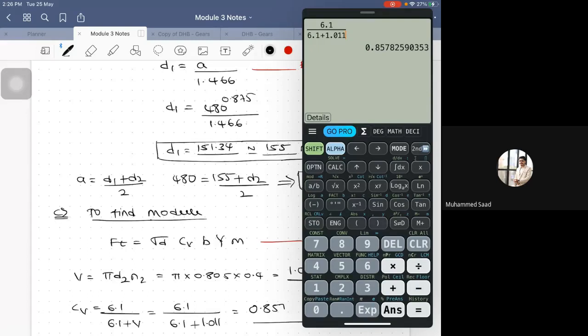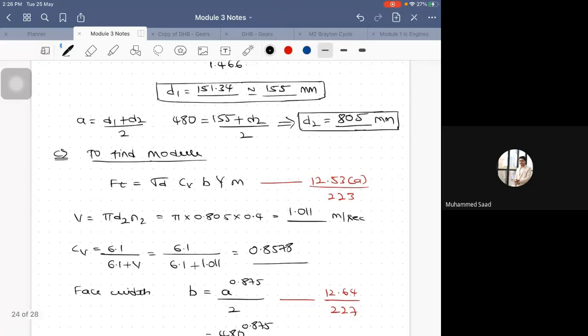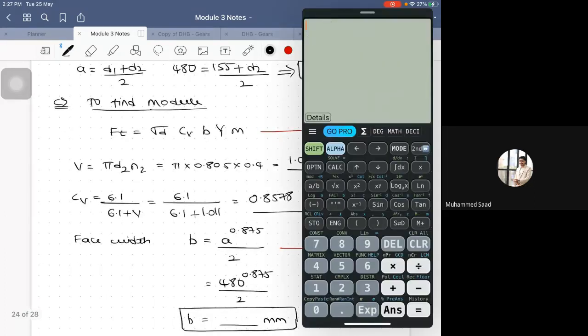Okay, 0.8578. Once the CV value is obtained, go for the face width calculation using equation number 12.64. There you have to substitute the value of center distance to the power of 0.875 divided by 2. The value was 110.93, so I would approximately write it as 115 mm.